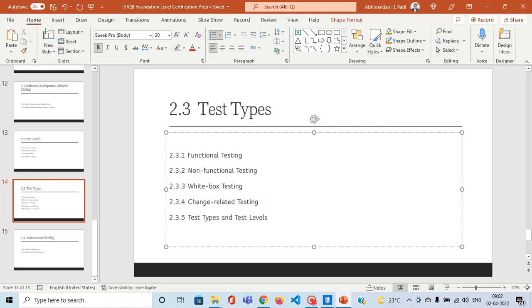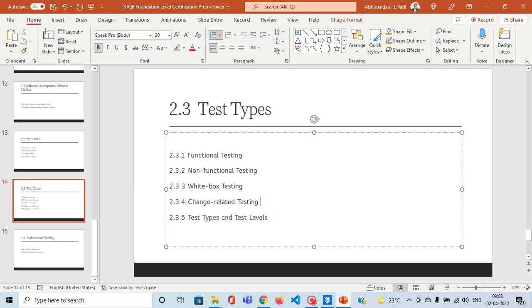And then there is another concept called regression testing. Regression testing is also change related testing. Whenever you introduce new functionality, existing functionality should not be broken. That is the idea behind regression testing. In regression testing, you make sure all the existing functionalities are intact.